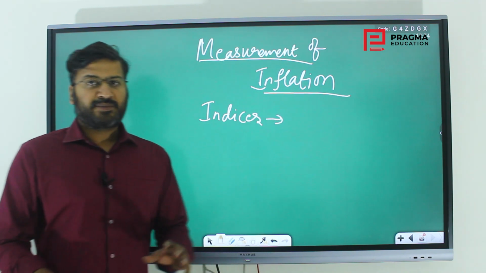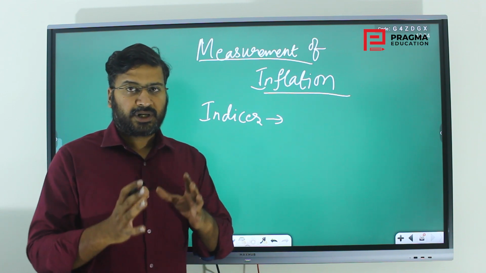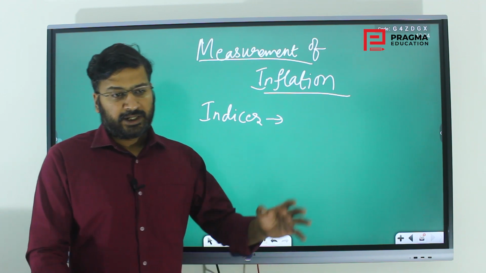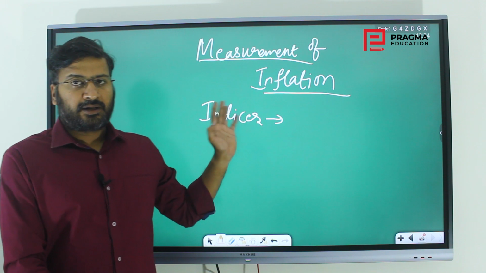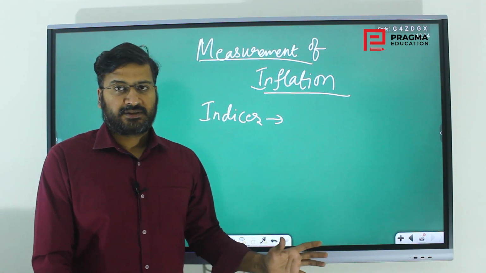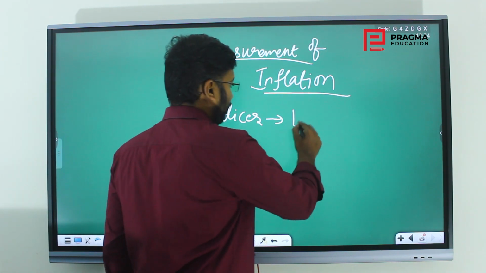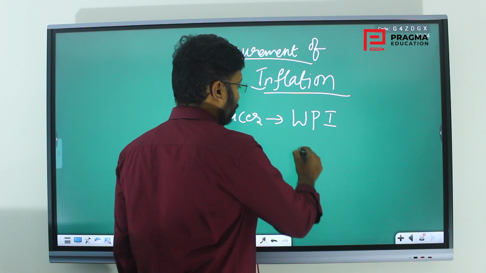So what are indices basically? An index is something that works towards a particular segment, particular sector, particular aspect, and collects it and converts it into an index. An index is a reference. So that is what indices mean. We'll look into what the indices are and how they work or how they collect.